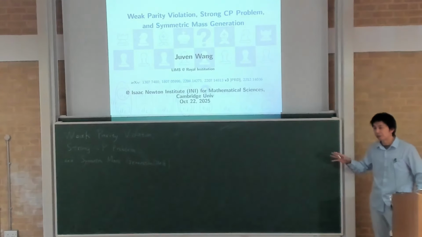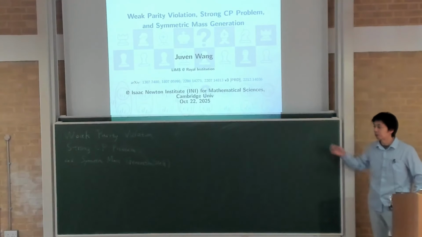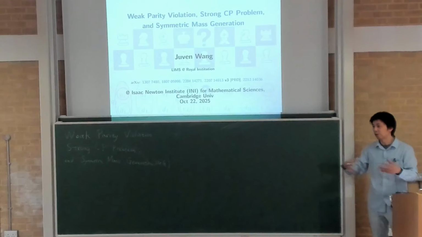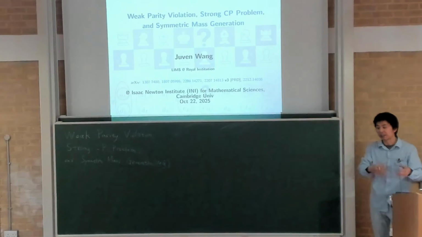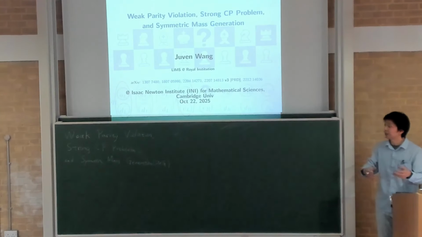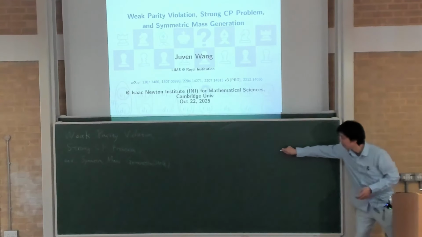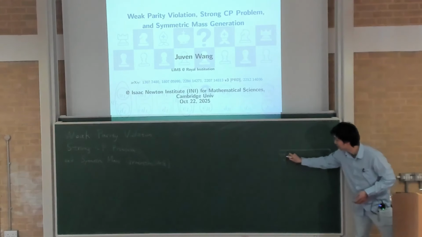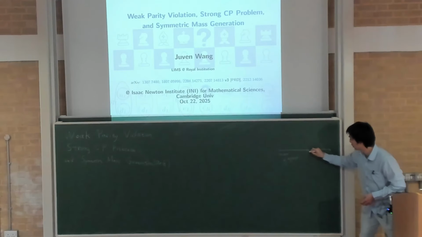And symmetric mass generation is a concept many people in the audience actually explore. It's a concept that when the system has a certain global symmetry, let's say G, such that this symmetry G is anomaly free, then if you start with any gapless phase, like free fermion or conformal field theory, CFT phase, there exists certain deformation going from, for example, a symmetric gapless phase to a symmetric gapped phase, and possibly going through some transition called the symmetric mass generation transition.